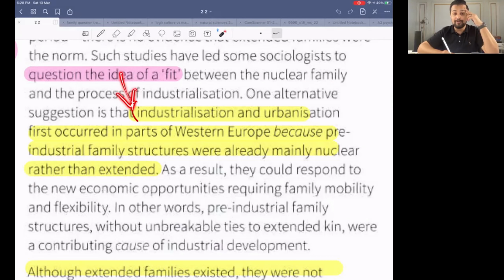What do you think? There is a possibility, no?